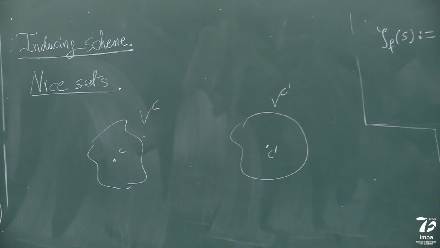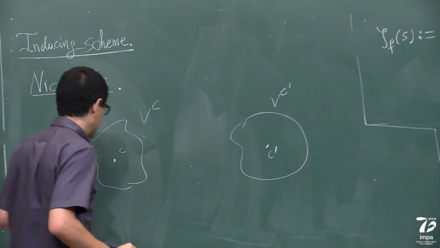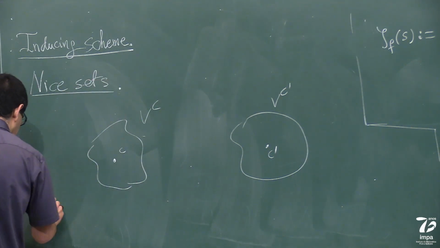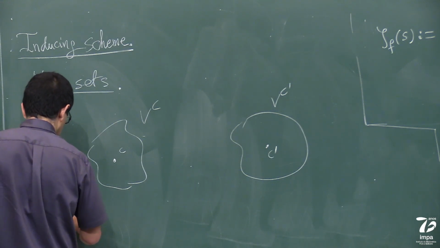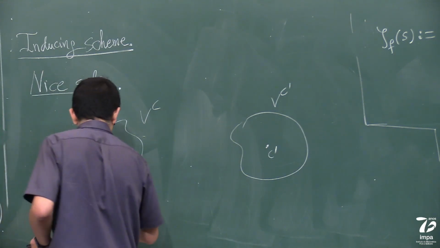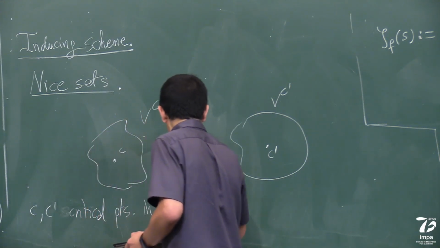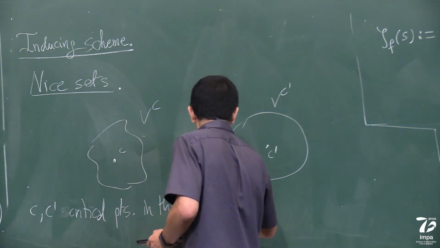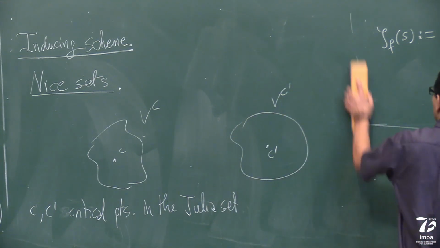But you need to stop somewhere. And one way of doing it is to pick a neighborhood of the critical set. So we are looking here at critical points in the Julia set.